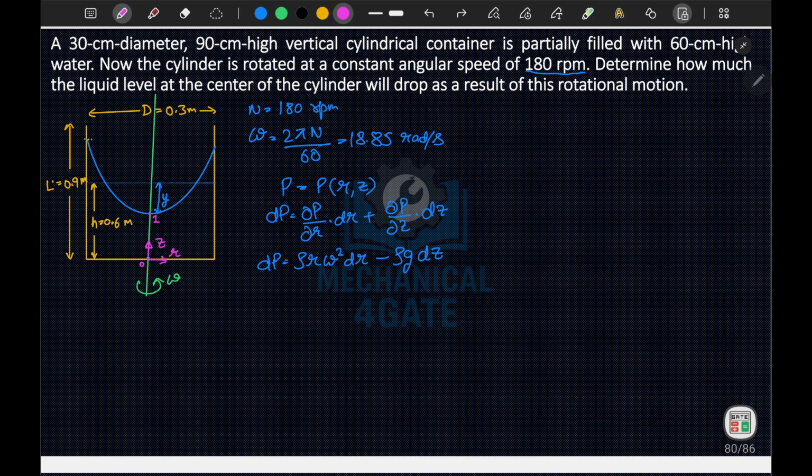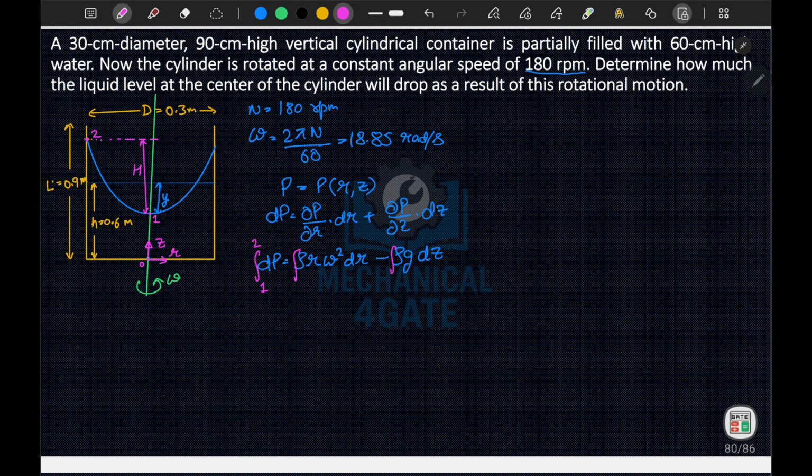and this point to be 2. Okay, let's say that this height from here up to your point 1 is also your capital H. Okay, so let's integrate this from point 1 to 2.